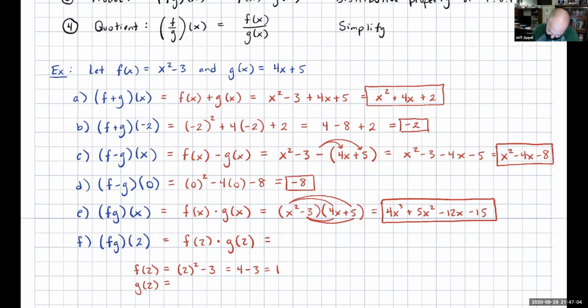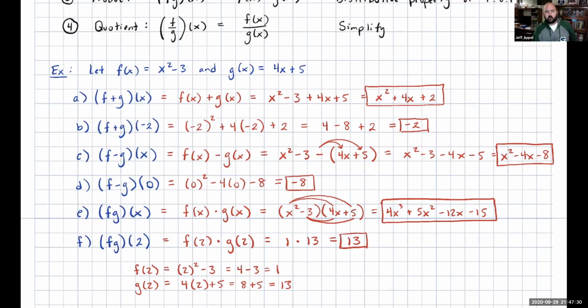Well, that's going to be 4 times 2 plus 5, which is 8 plus 5, which makes 13. So instead of having to plug into the end of this thing, I can just recognize that f of 2 is equal to 1, and g of 2 is equal to 13, and 1 times 13 is just 13.